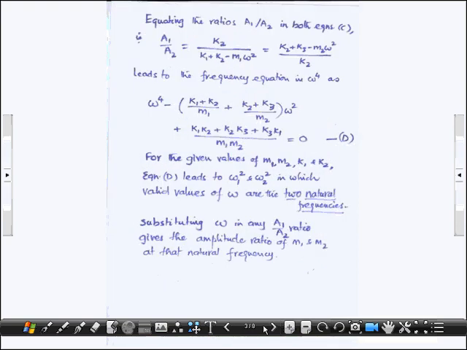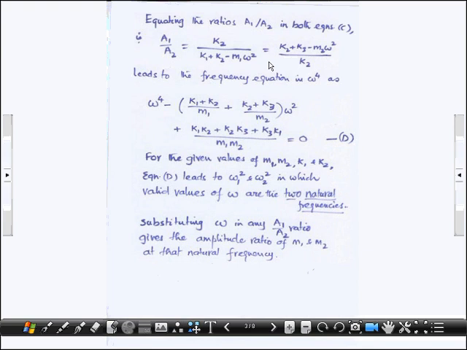From the previous equations, we also get the ratio of the amplitudes of masses M1 and M2, A1 by A2. It is given by A1 by A2 equal to K2 over (K1 plus K2 minus M1 omega square), which is also equal to, from the second equation, (K2 plus K3 minus M2 omega square) by K2.